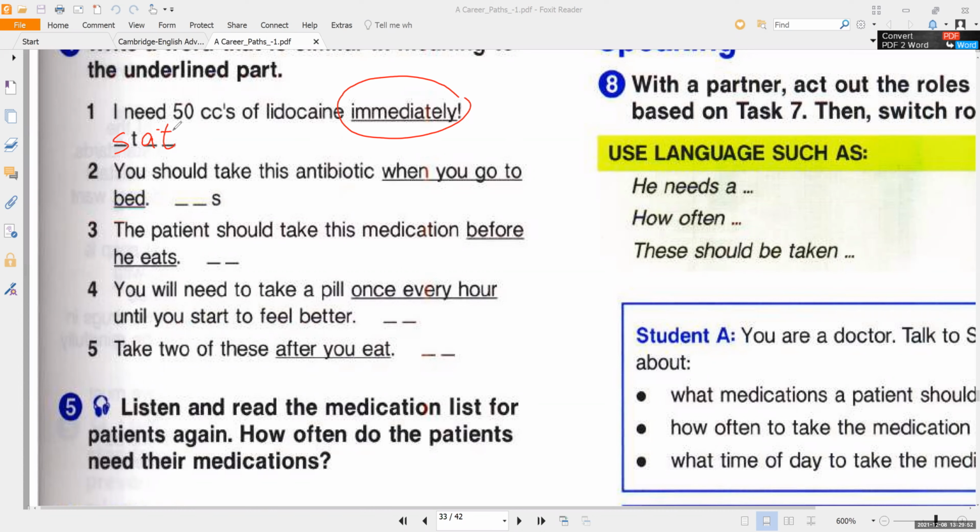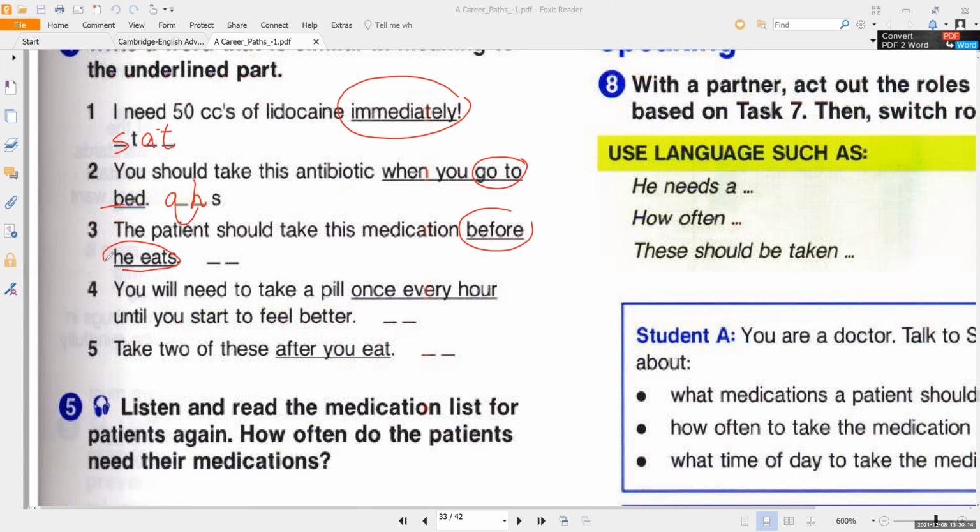You should take this antibiotic when you go to bed. Go to bed is QHS. QHS.